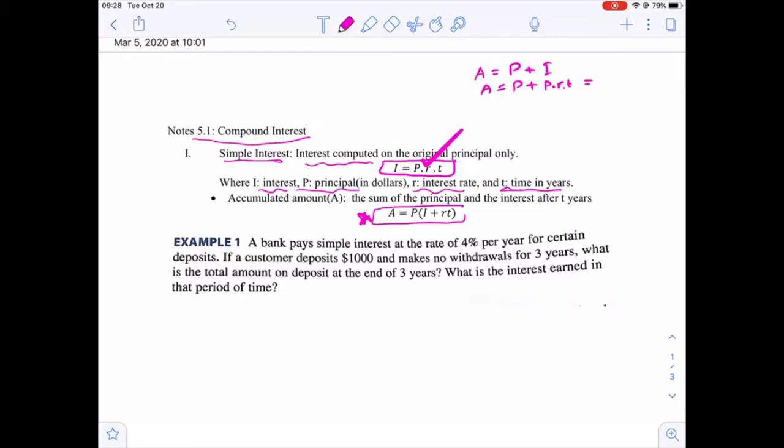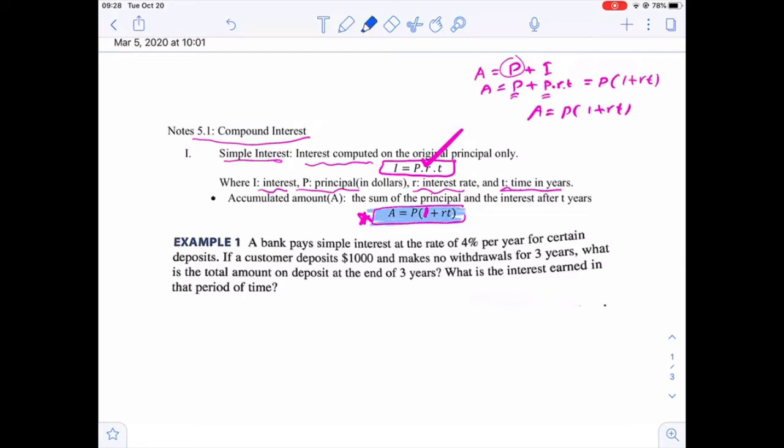So every time we have same interest rate, so it's added to the principal. Okay, now let's take P as a common factor. We get P times 1 plus RT. So this is the formula: A equals P times 1 plus RT. Here this is 1, not I. So keep this in mind.